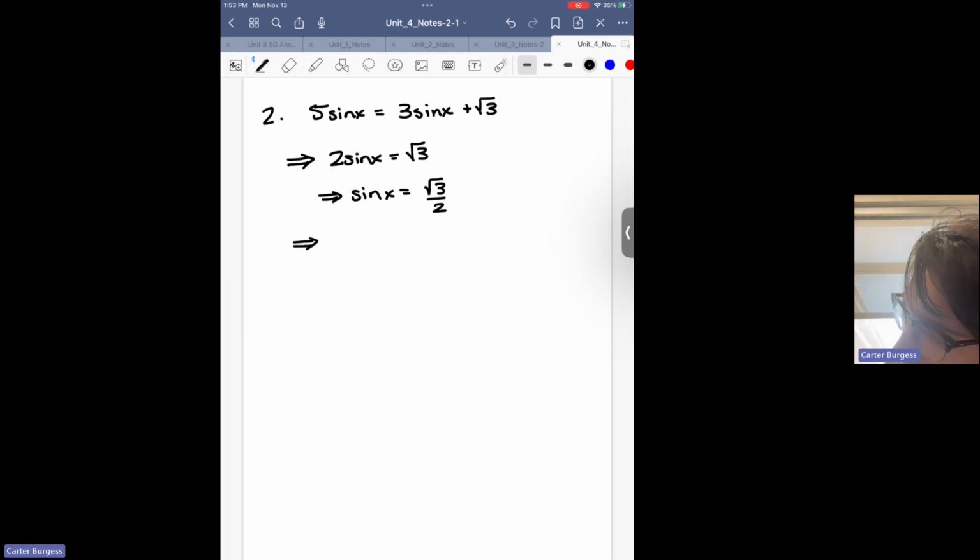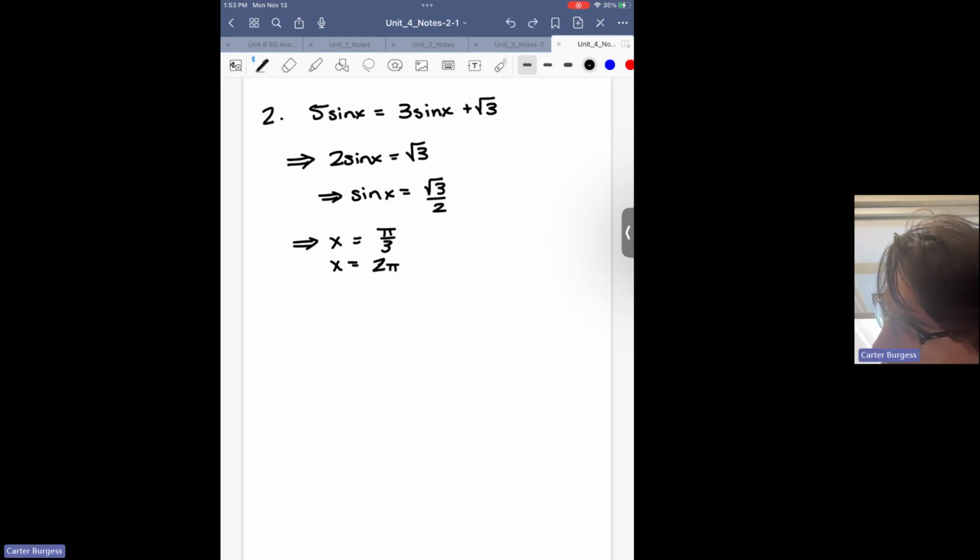What are the two, we'll call them again the nodes, that I get for sine of x being equal to √3 over 2? Pi over 3 and 2 pi over 3.